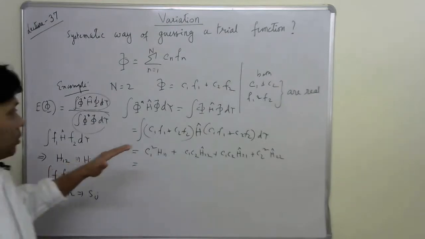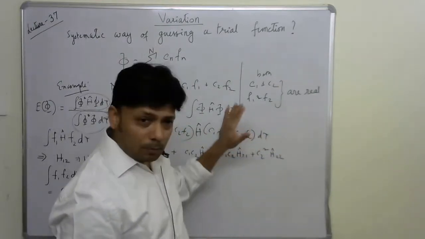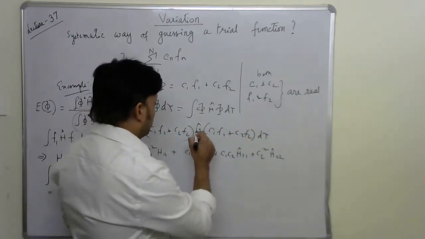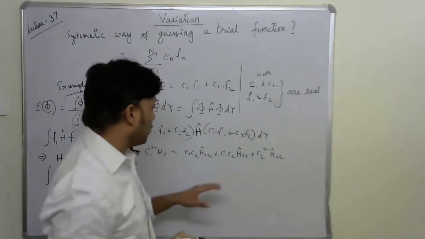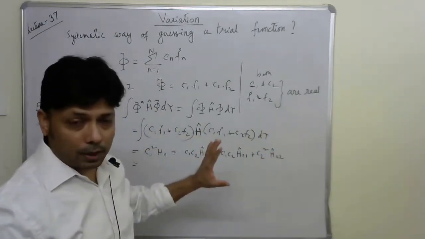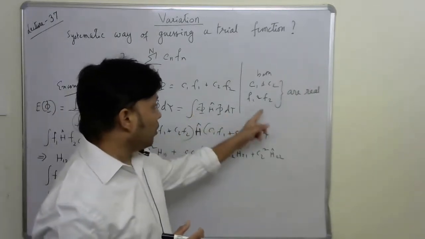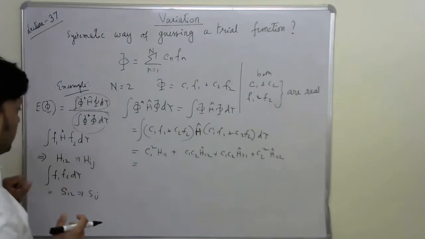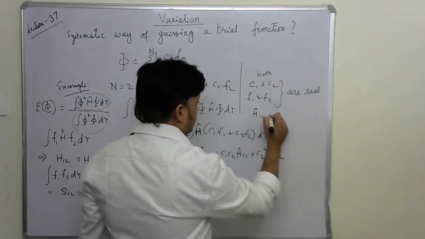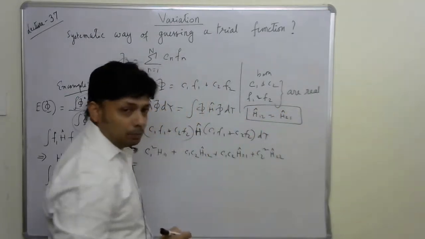One of our underlying assumptions is that F1 and F2 are not only real; the Hamiltonian operator H is a valid quantum mechanical operator, which means H is Hermitian. Since both F1 and F2 are real, we can write that H12 is equal to H21 because H is a Hermitian operator.